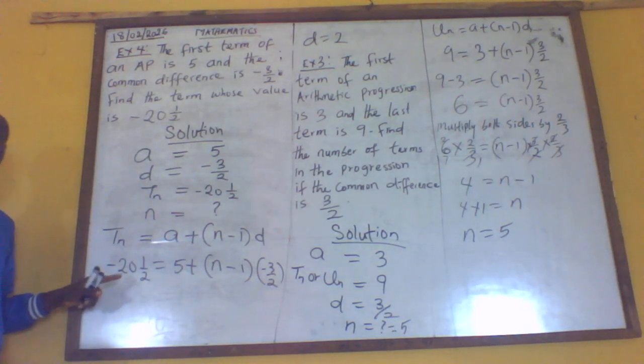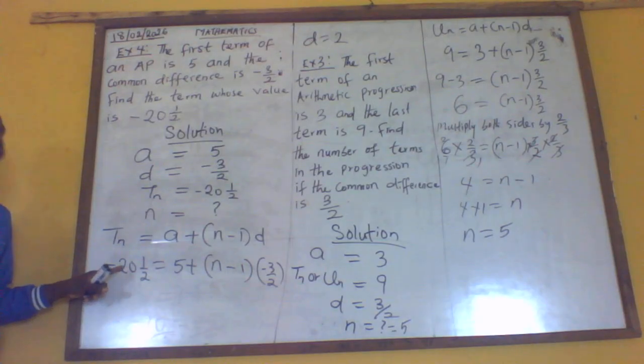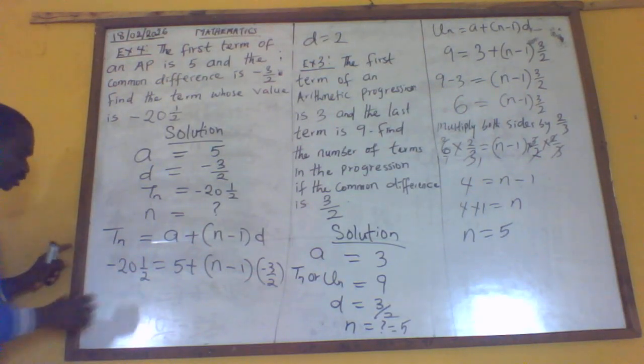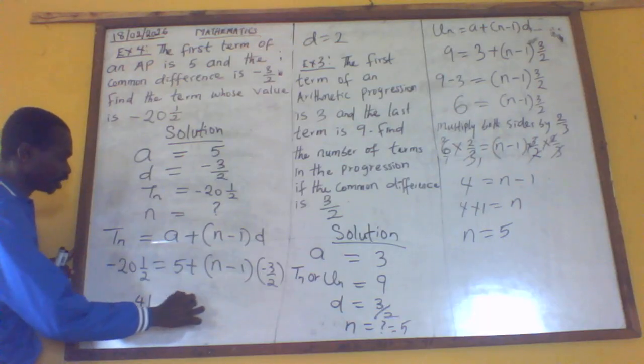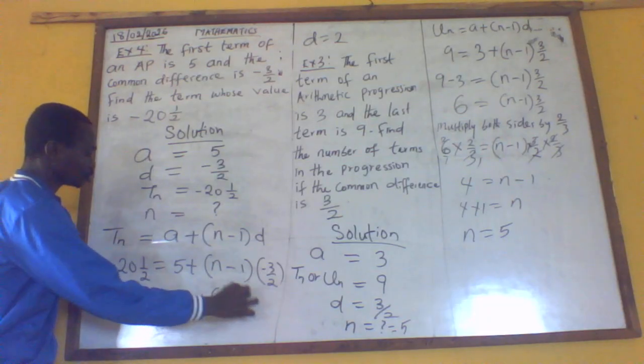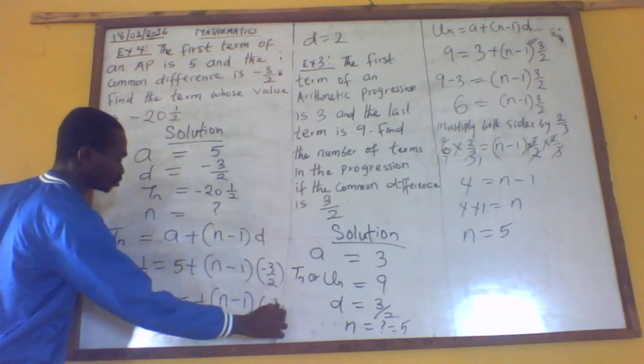Let's change this into an improper fraction: 2 times 20 is 40, plus 1, so minus 41 over 2 equals 5 plus (n minus 1) into minus 3 over 2.